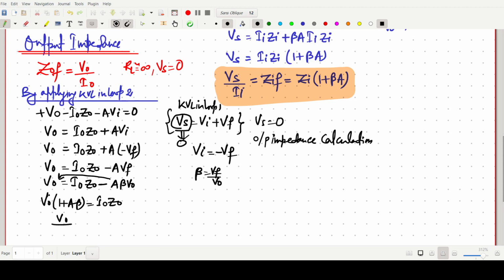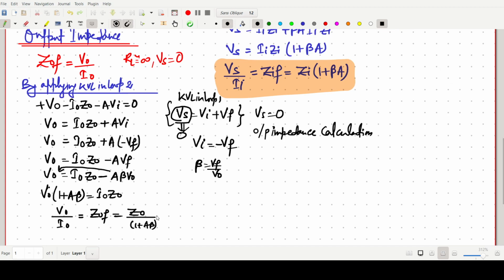So one can write V naught by I naught, which is nothing but simply the output impedance with feedback, is the output impedance of the basic amplifier by 1 plus A beta. So this one is the calculation process, how to solve the output impedance.